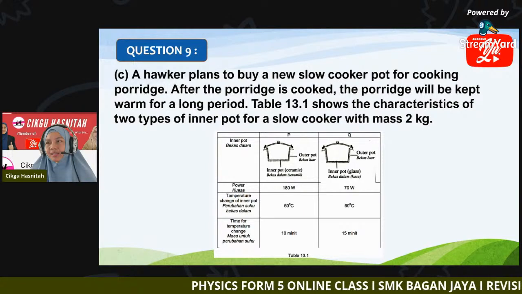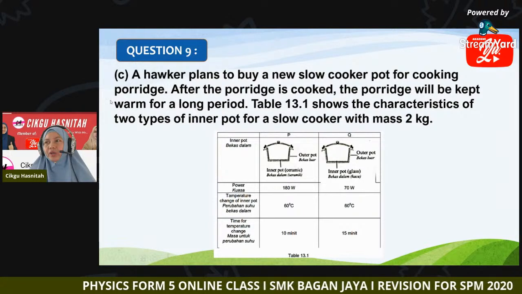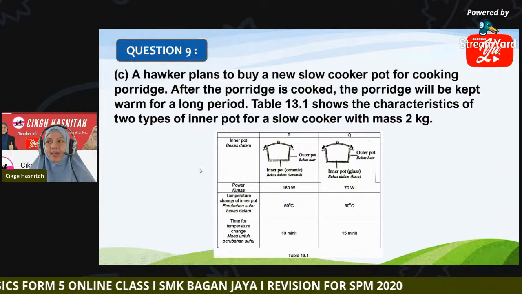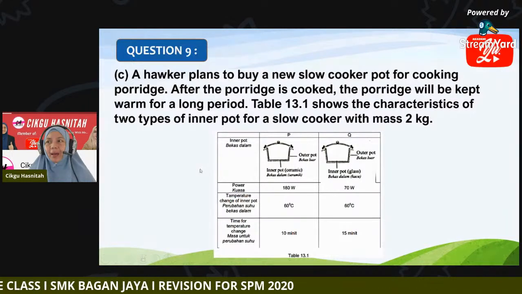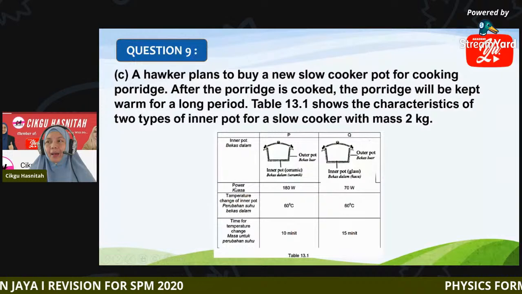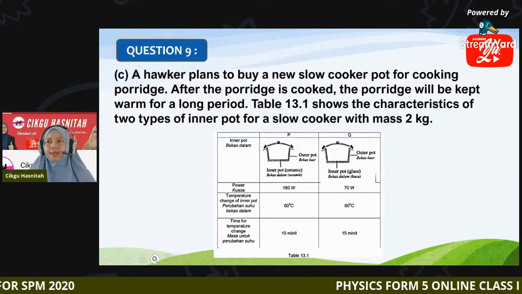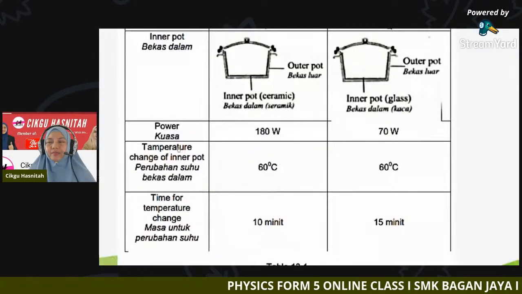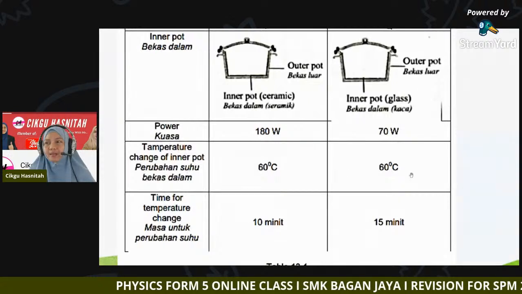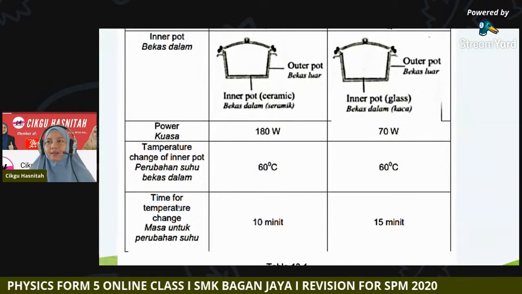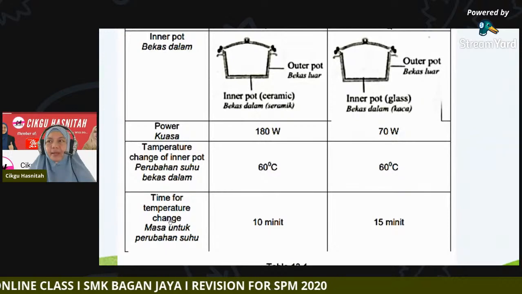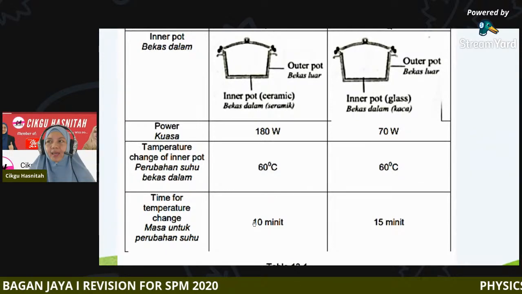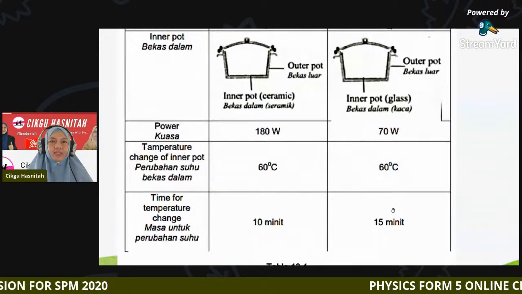So he has two options, P or Q. Power for each is 170 watt. The temperature change of the inner pot is the same for both at 60 degrees Celsius. Time for temperature change is 10 minutes for P and 15 minutes for pot Q.